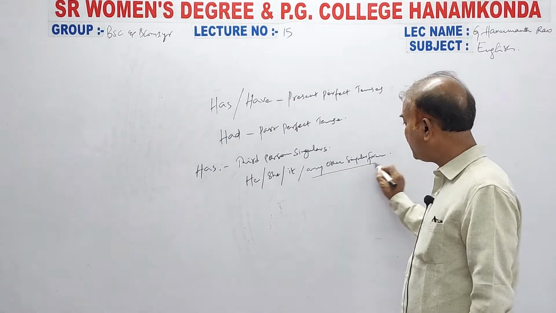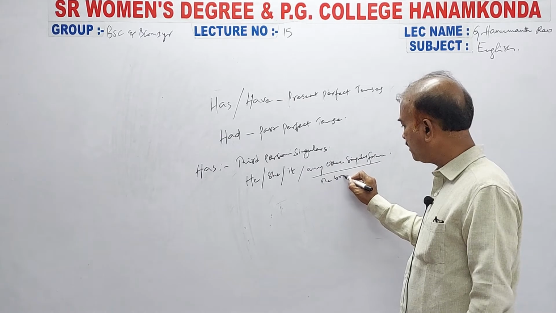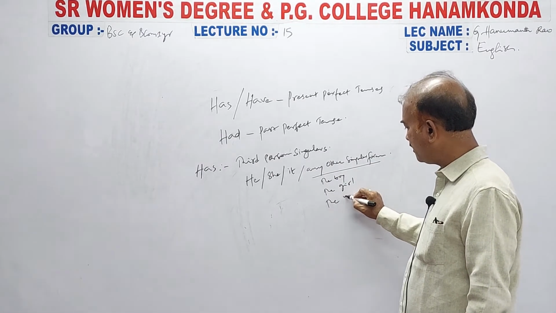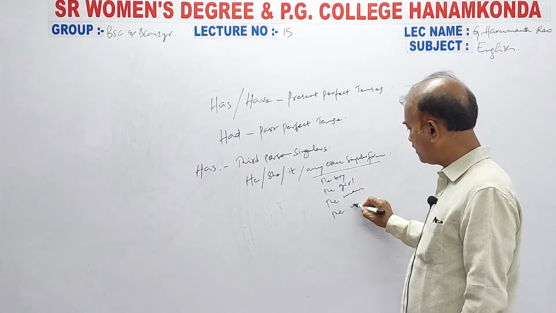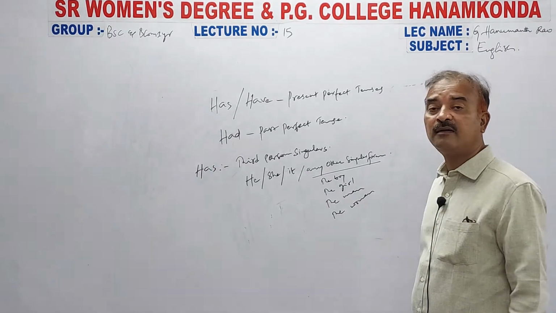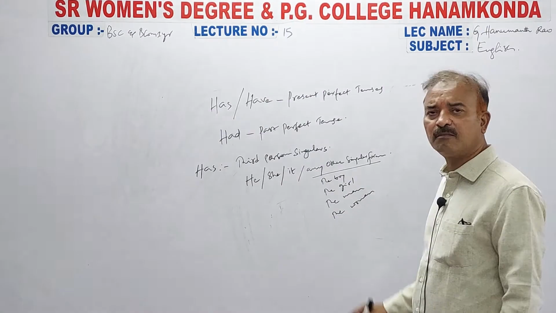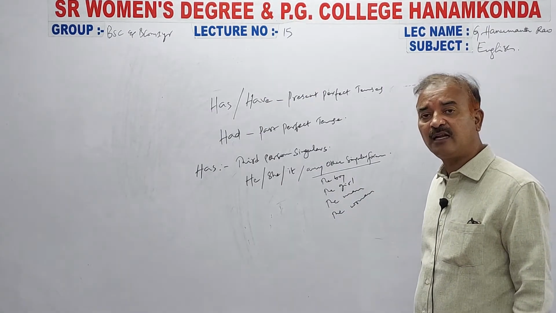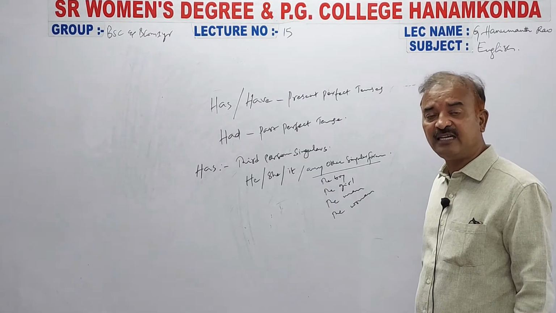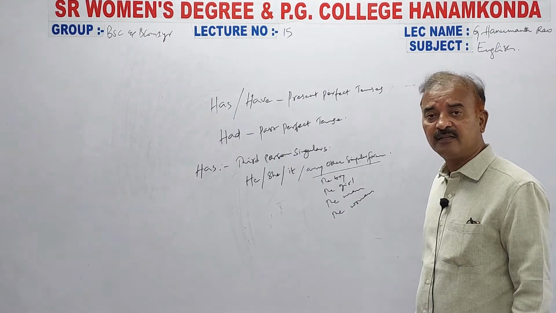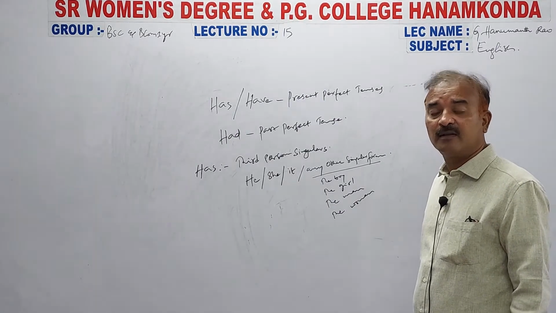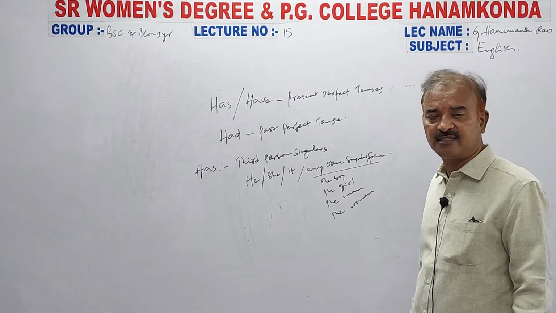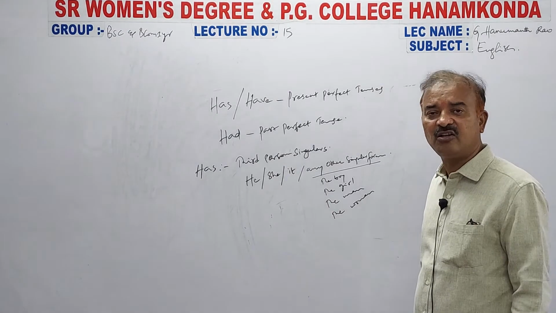Any other singular form means here, for example, the boy, the girl, the man, the woman. All these are singulars. Boy is singular, girl is singular, man is singular, woman is singular, teacher is singular, student is singular, doctor is singular, patient is singular, the advocate singular, the client singular, the judge singular, the minister singular.